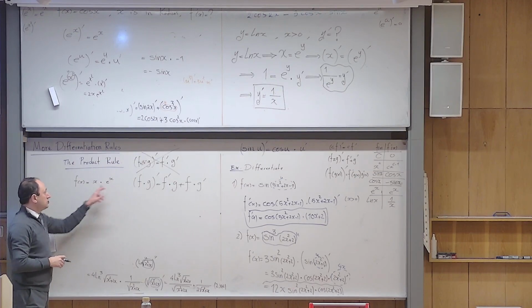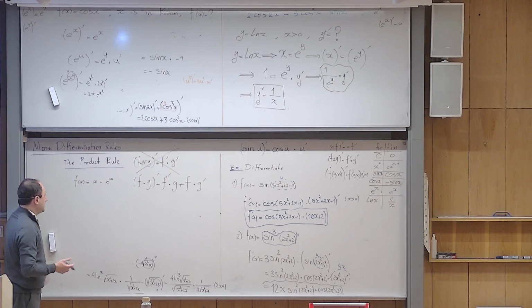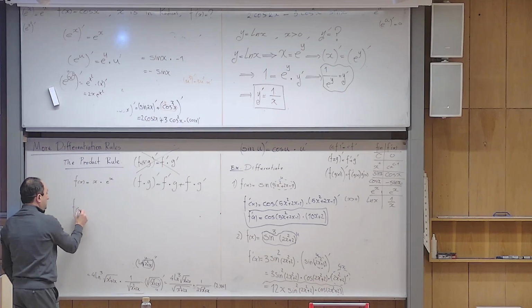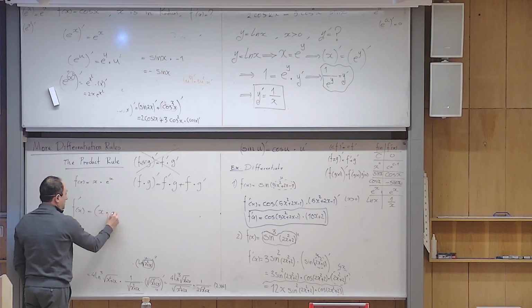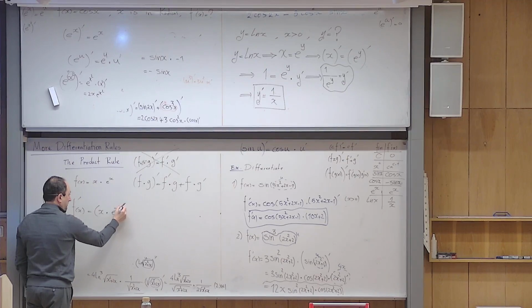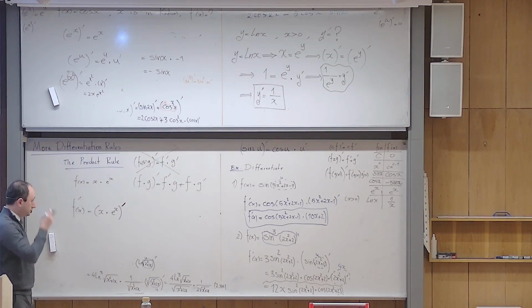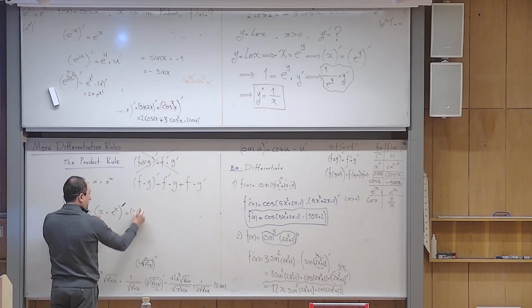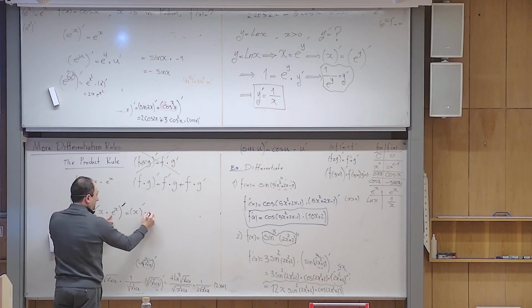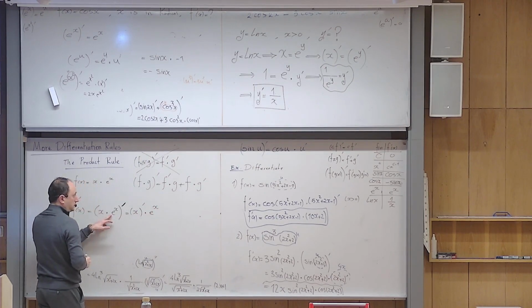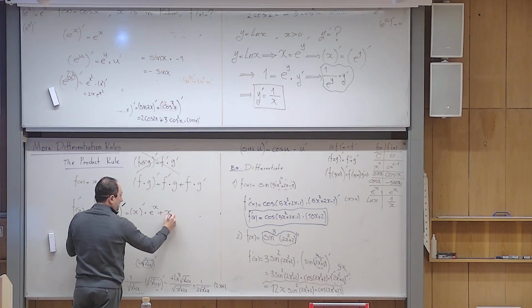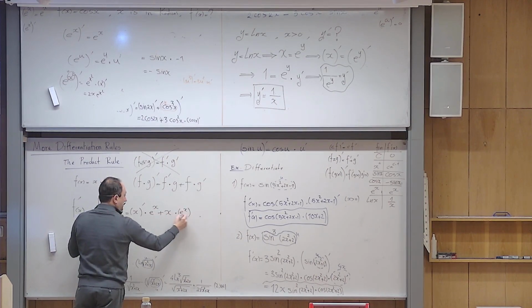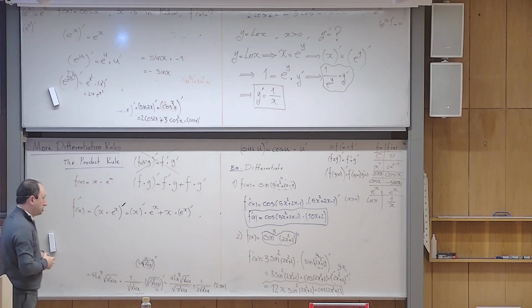For example, can I use it to take the derivative of this function? The answer is yes. So how do you do that? The derivative of this function is equal to x times e to power x, totally prime. According to this rule, it becomes the derivative of the first one multiplied by the second function itself, plus the first one multiplied by the derivative of the second one.